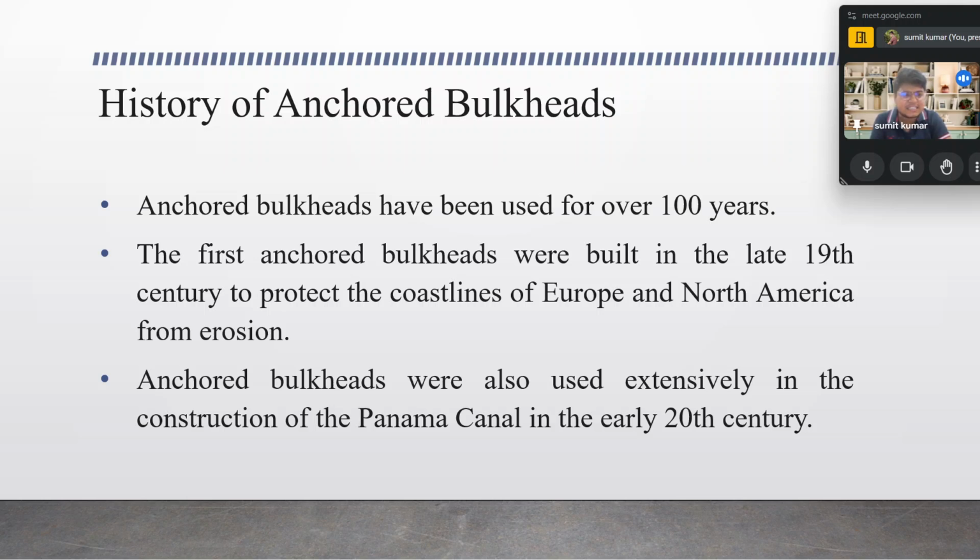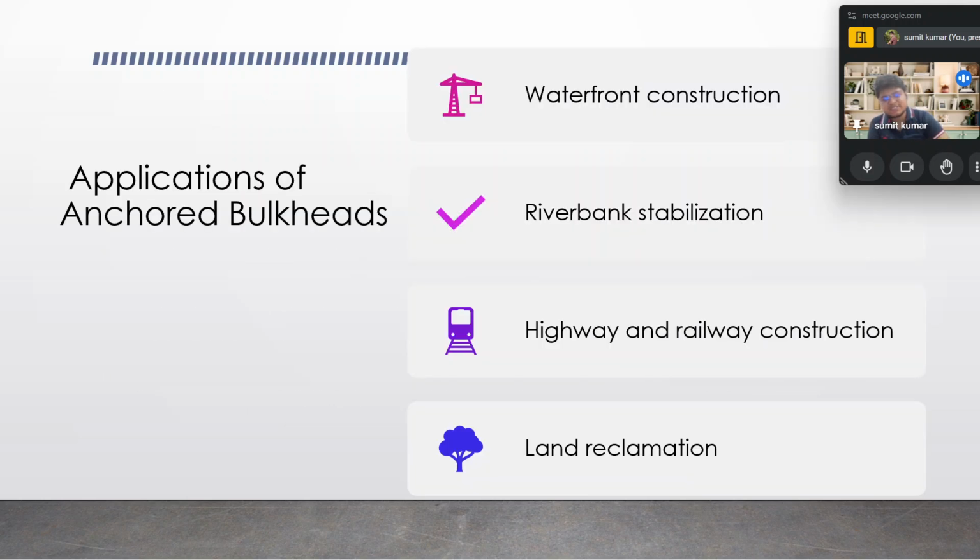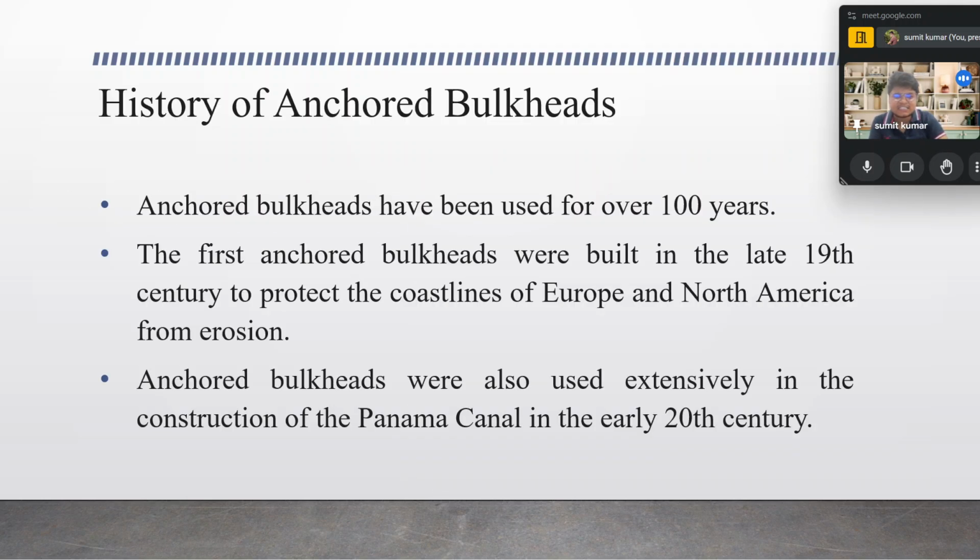As we have seen with river stabilization and waterfront construction, this case study is viable: the first anchor bulkheads were used to protect the coastlines of Europe and North America from erosion.